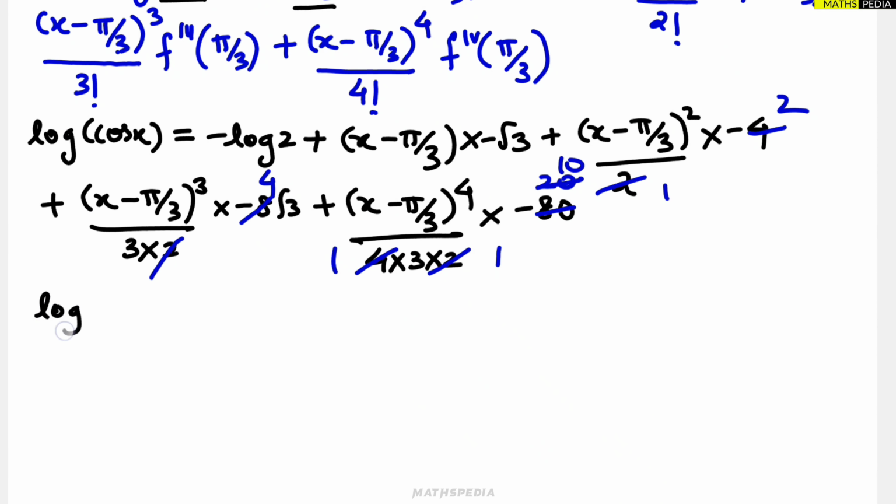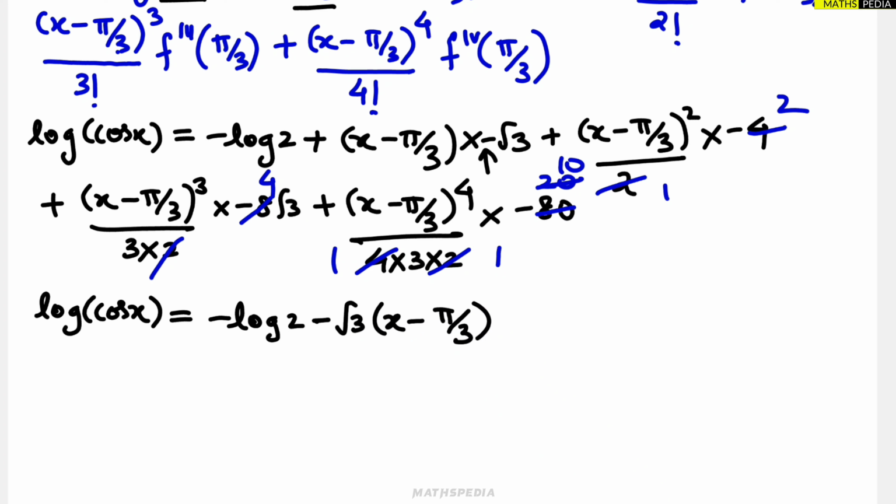So the Taylor series of log of cos x is given as minus log 2. Here a minus sign is there, that will bring in front: minus root 3 into x minus pi by 3, right, plus, here also a minus sign is there, so I'll bring that in front, 2 is sitting, so 2 into x minus pi by 3 power 2.